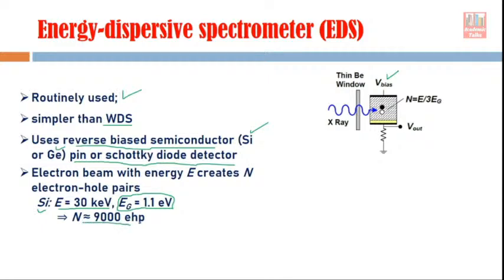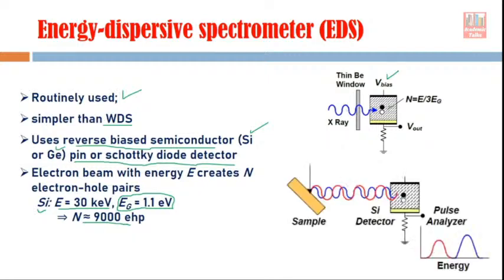About 9,000 electron hole pairs are generated here. Now if the X-rays are emitted by a different element, then the energy will be different and a different number of electron hole pairs will be generated here.